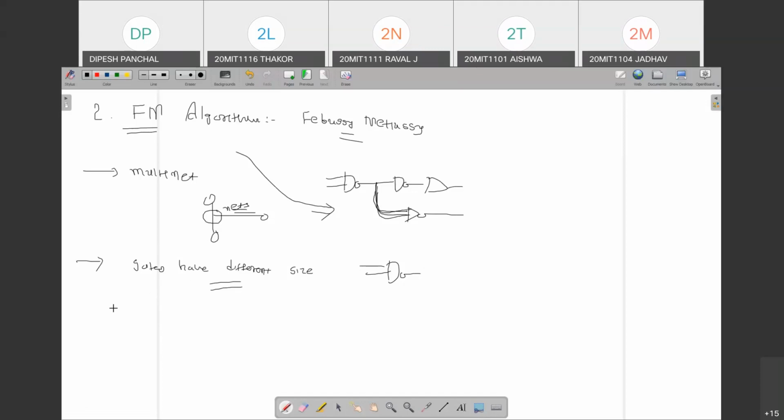Let me give you one circuit. You can indicate a circle also, no problem. These are my nodes, or they are also called cells.